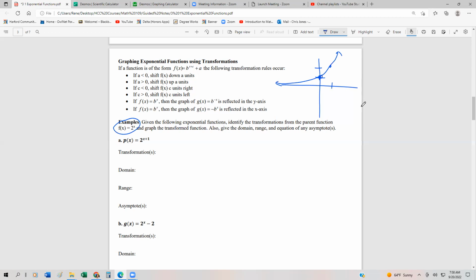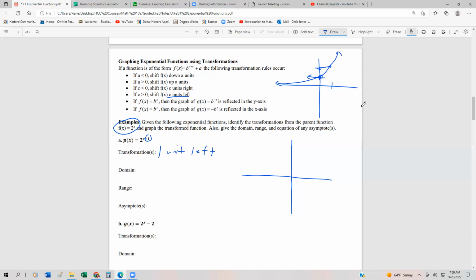And so if I was to try to graph this, just by free forming it, not doing anything too special, we have this 2 to the x plus 1. Notice that c is going to be positive, and so that means we're going to move it 1 unit left. So I'm going to take these points and move them to the left 1 unit.